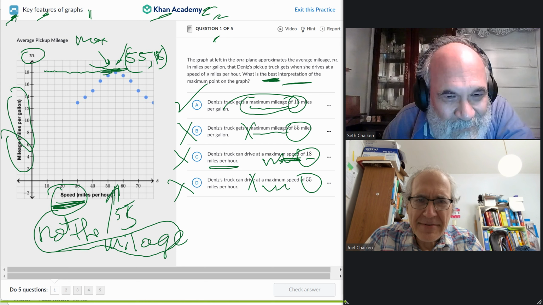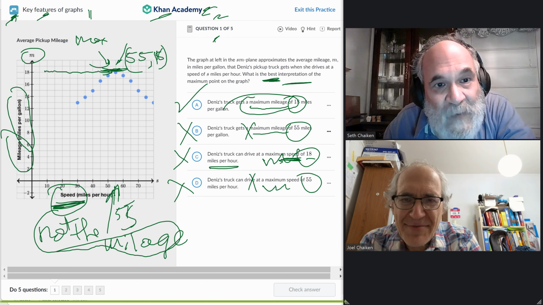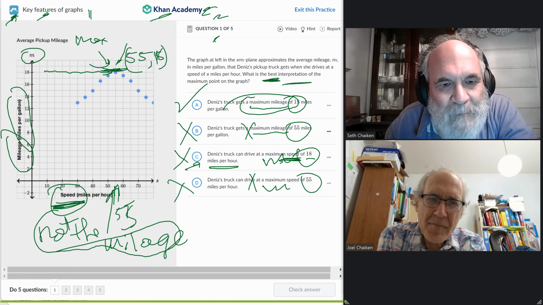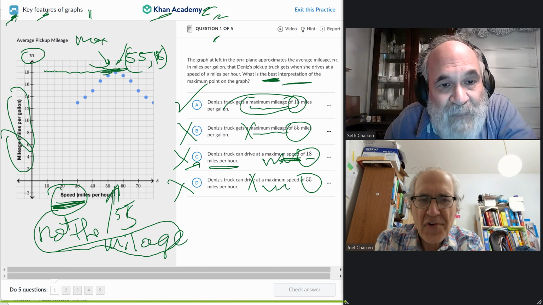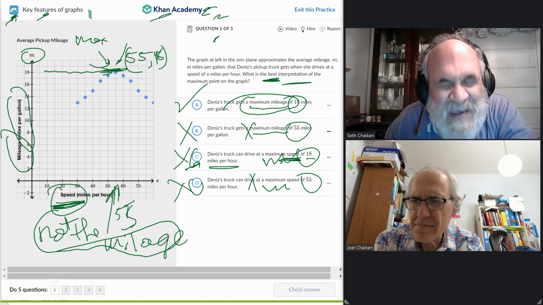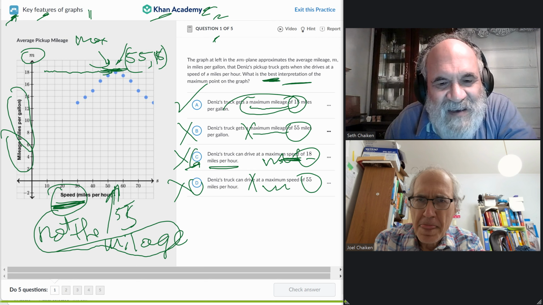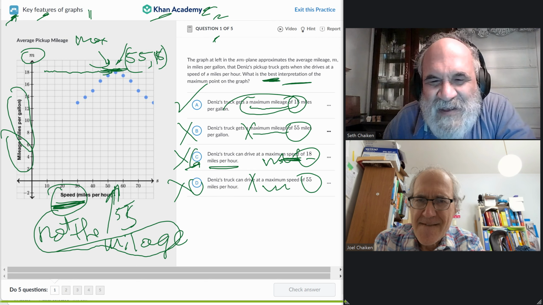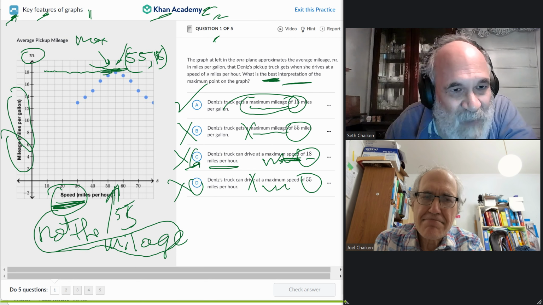Did you notice that when I read C, the second two refer to the maximum speed? There's nothing in the problem that indicates what the maximum speed of the pickup truck is. It's going off the edge.